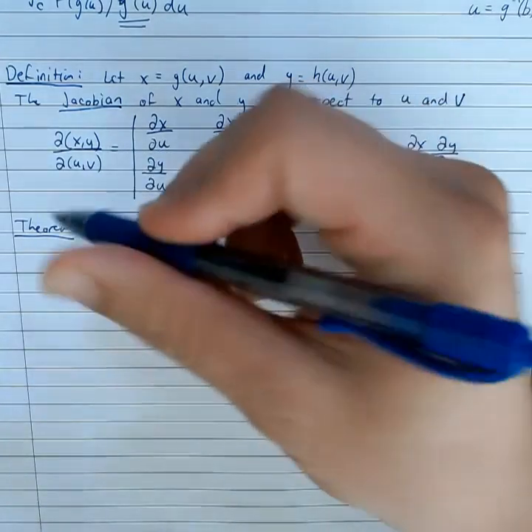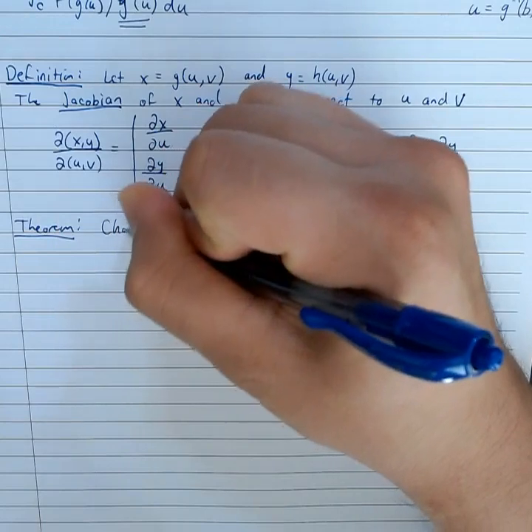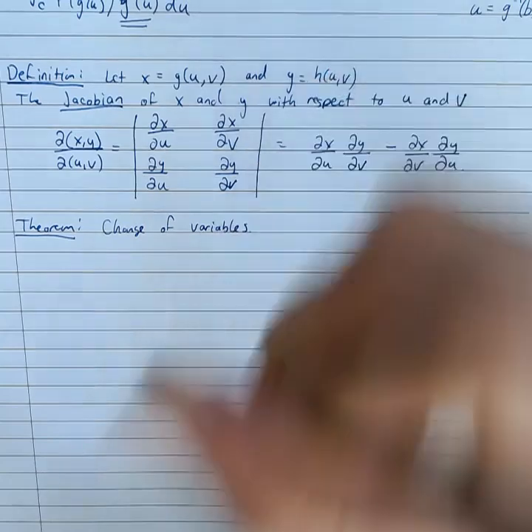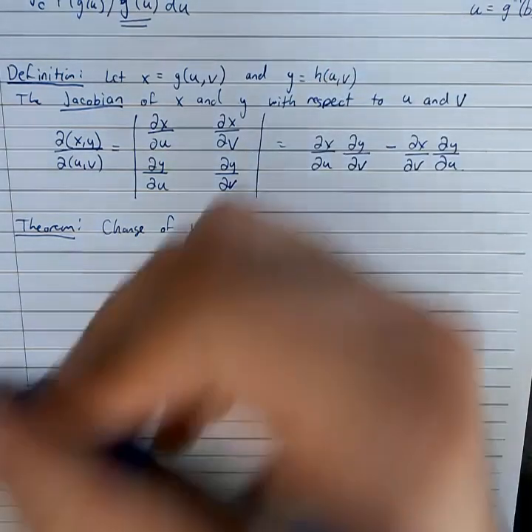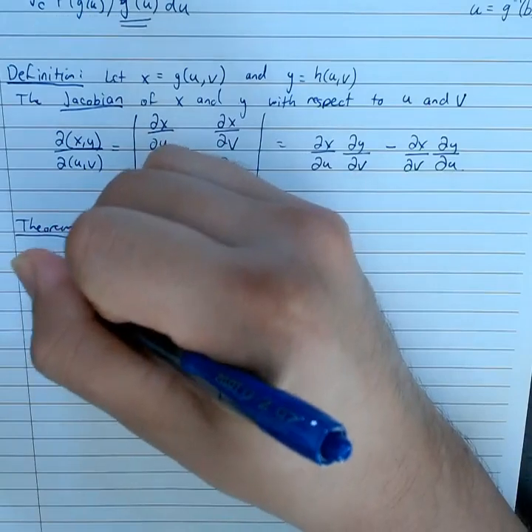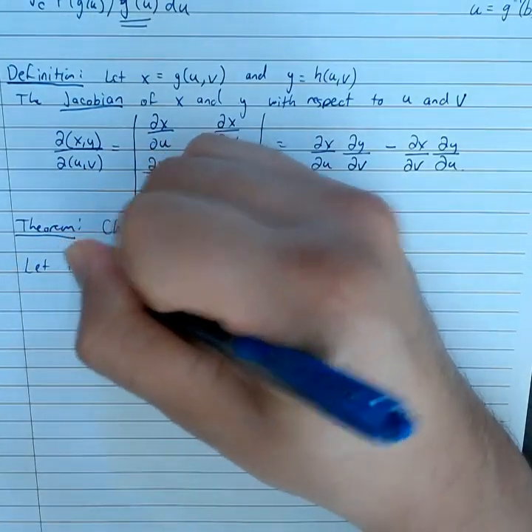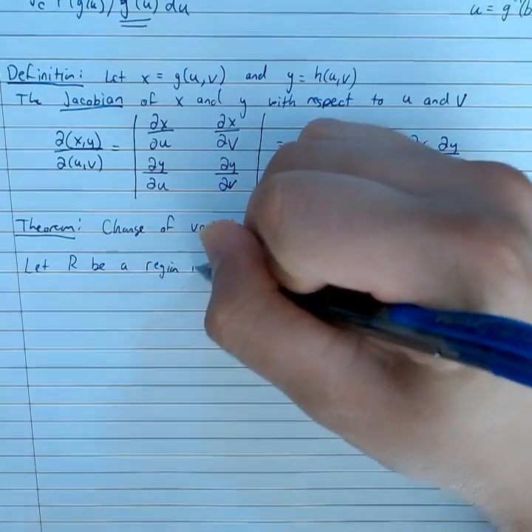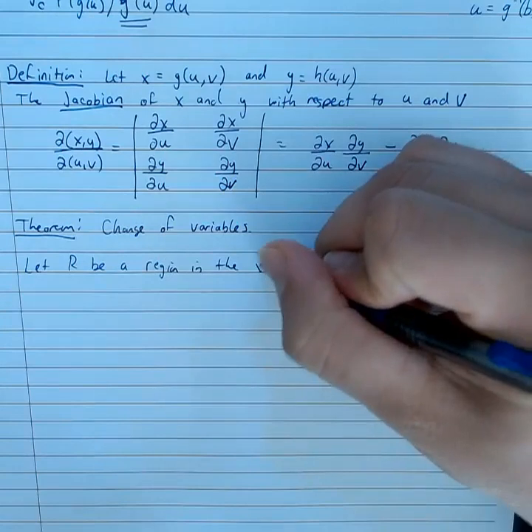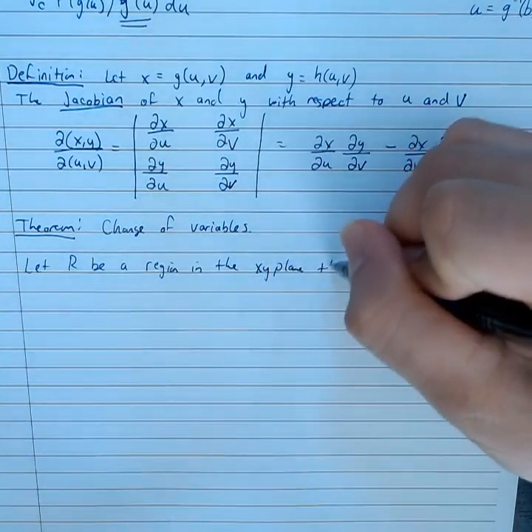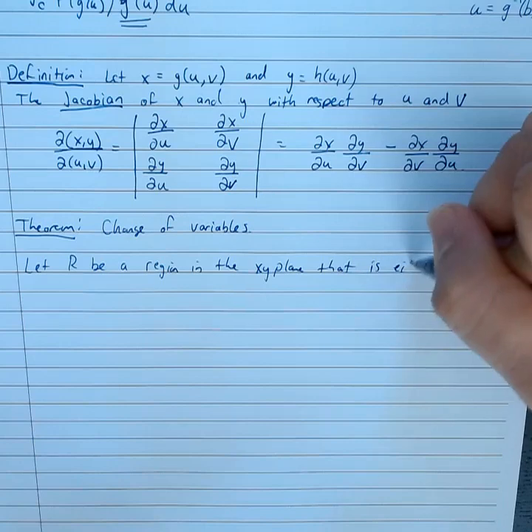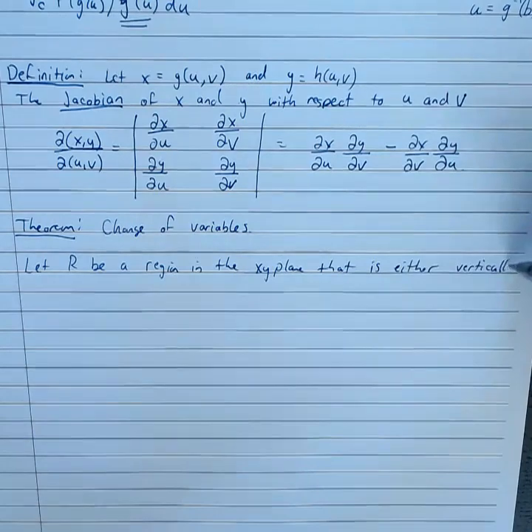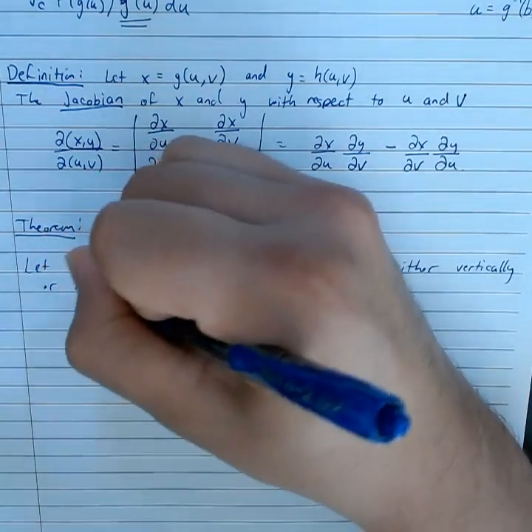In any event, here we're going to talk about our change of variables theorem. We're going to start off with a region. Let's call it R. So let R be a region in the xy plane that is either, it doesn't have to be both, vertically or horizontally simple.